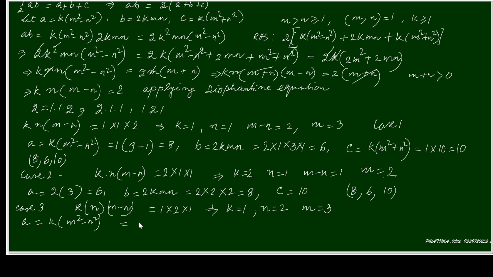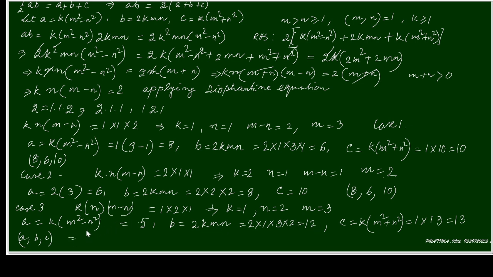So 9 minus 4, that will be 5. And what about B? B equals twice K M N. So it will be 2 into 1 into 3 into 2. This equals 12. And C is equal to K into M square plus N square. So it will be 1 into M square, 9, plus 4. It will be 13. So another triple is A, B, C equals 5, 12, 13.